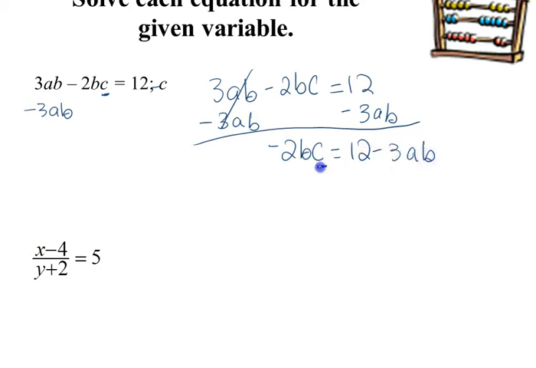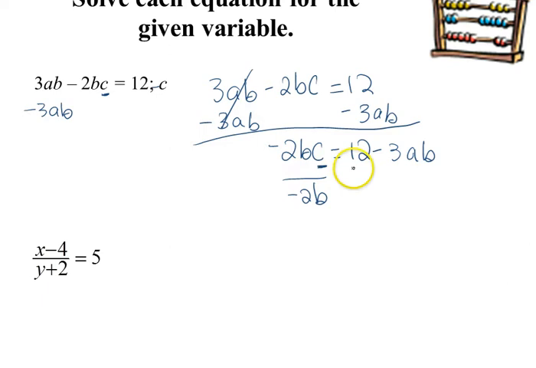Alright, once again, we are still solving for C. And who's with C over there? We have negative 2b over here. So since this is all multiplication, to undo it, we have to divide by negative 2b, so we can get rid of the negative 2 times b.